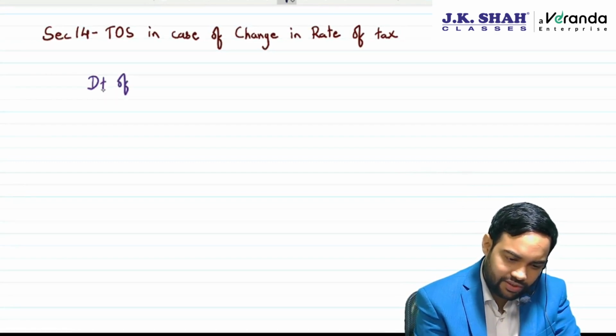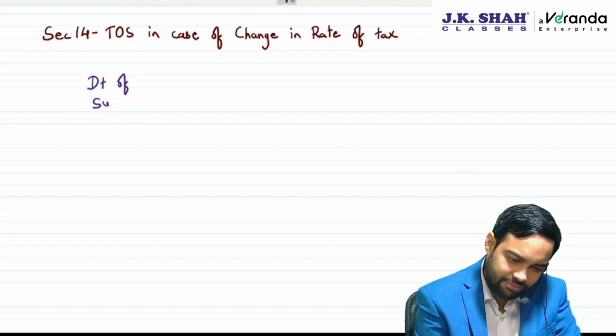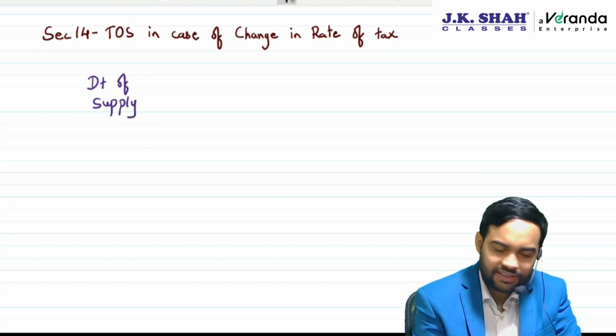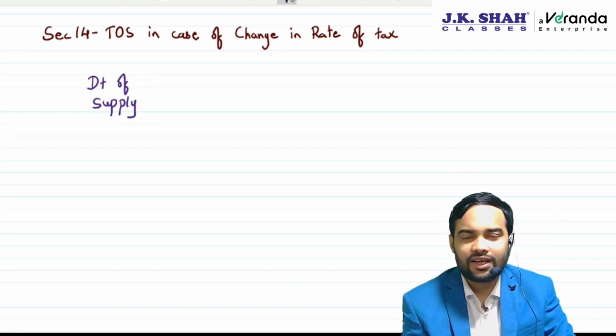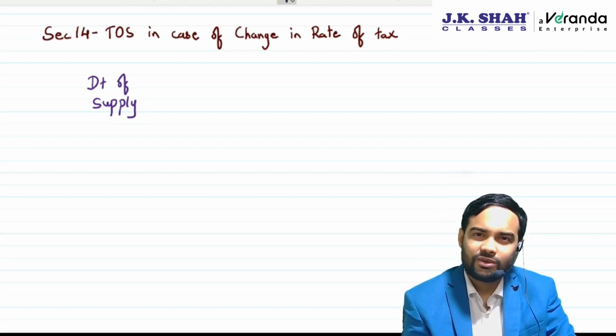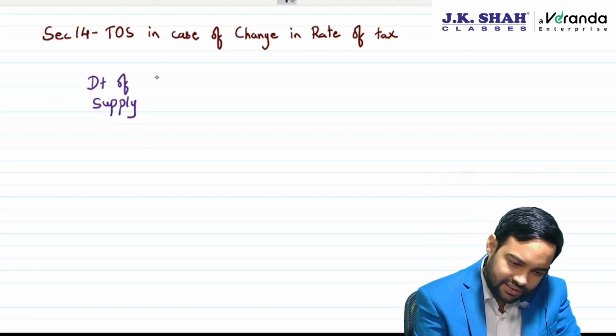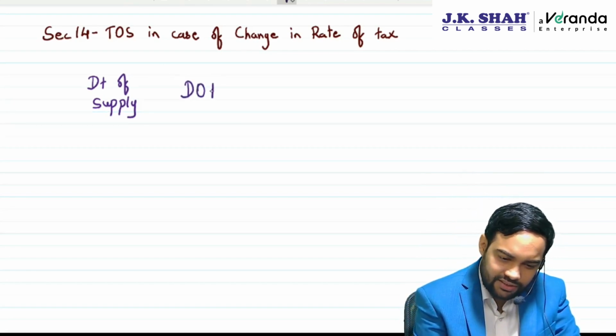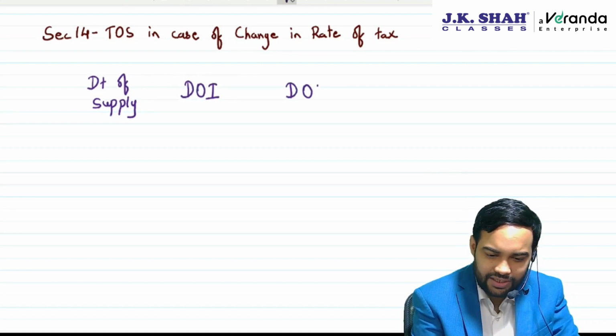We will talk about the date of supply, because completion is used for services. For goods, whenever the supply is made, it could be the removal date, making available date, or acceptance date. Then we have the invoice date, and then we have the payment date.